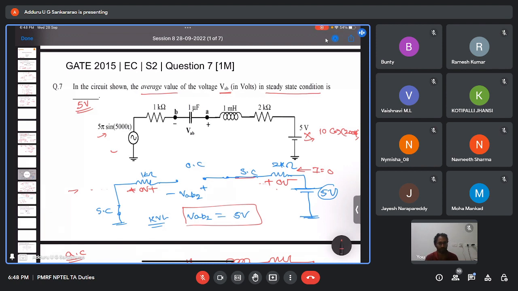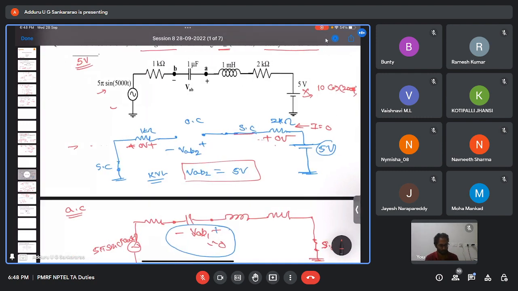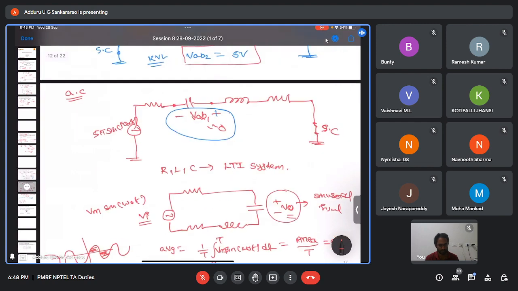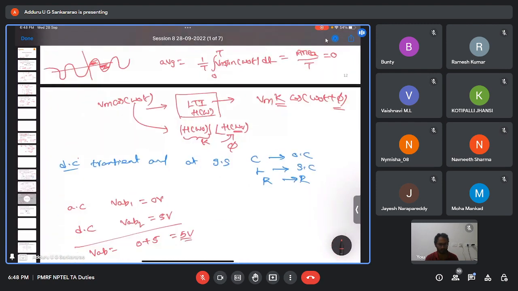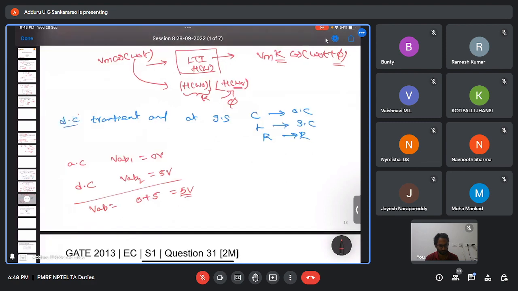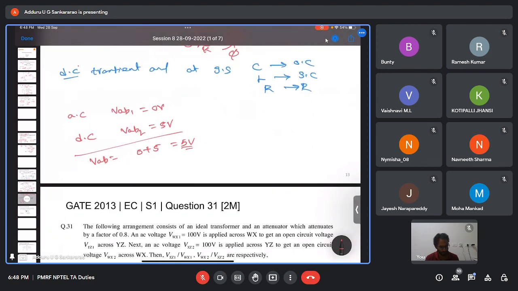Here the average value is asked. Since it is an LTI system, the response across any element is also sinusoidal. The input is sinusoidal, the response is also sinusoidal, and the average value of a sinusoidal signal is 0. So that's why due to AC we are getting 0, and due to DC we are getting 5 volts. Fine.